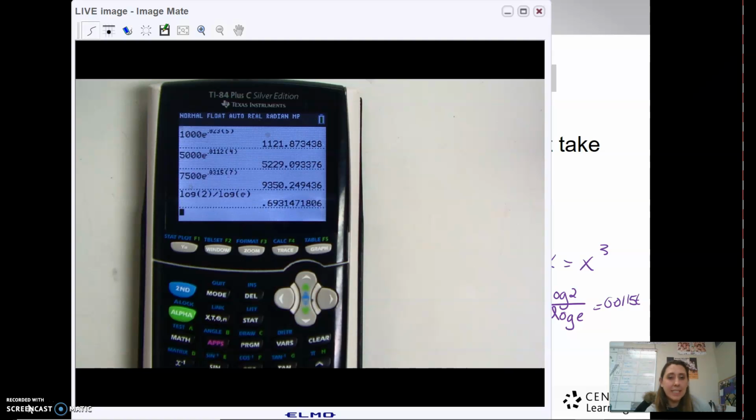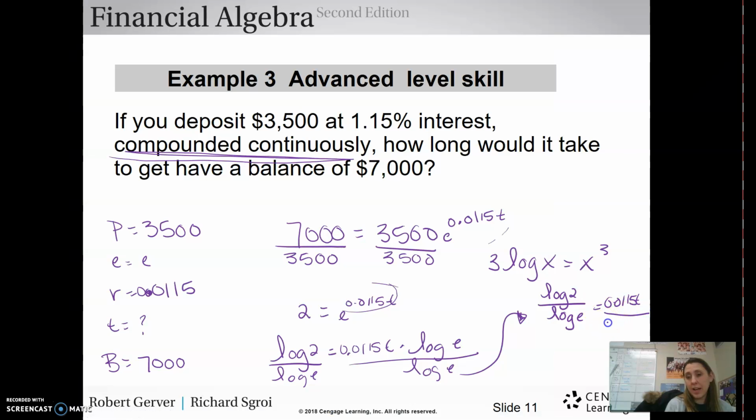So 0.693, and then we need to get the t by itself, so we're going to divide by 0.0115.